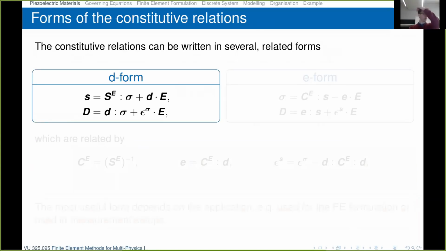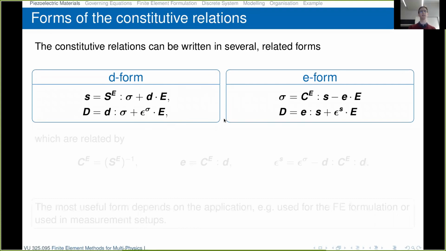So in which forms can you write the constitutive law? The relations can be written in 2 different forms. One is called the d form. We have seen it already since the coupling tensor here is denoted d. In the related form, you express sigma and D, which is called the e form.